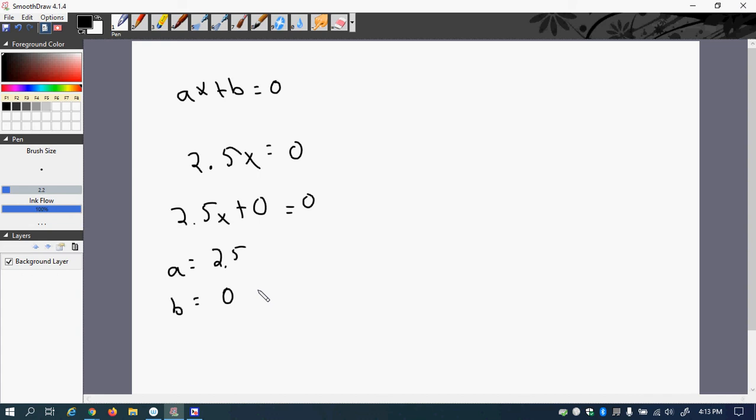Now there are a couple out there that don't match, and we want to take a look at some of those as well. What if I have an equation like 2 over x plus 5 equal to 0? Would this be a linear equation in one variable?